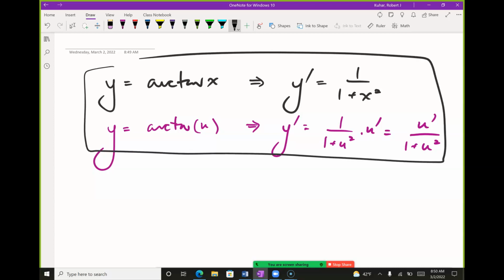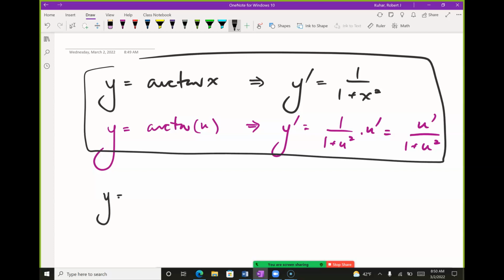So that's my addition to my formula sheet, my list of derivatives. In fact, I'd really like to think of everything now as this version.